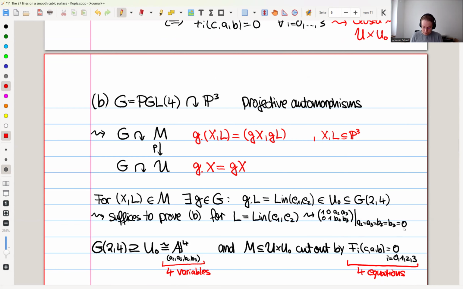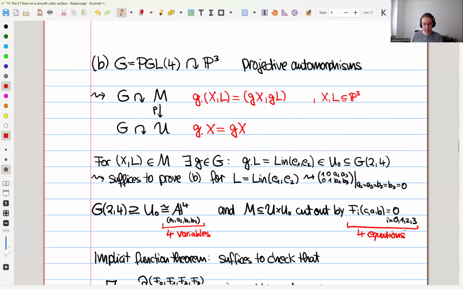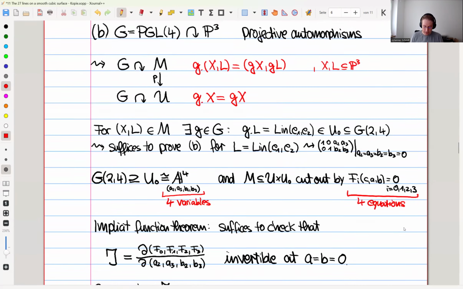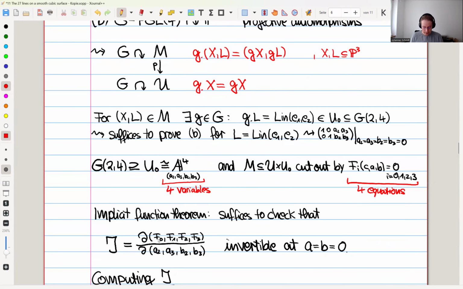And then it's just the standard implicit function theorem from analysis, which says it suffices to check that this Jacobian matrix, which takes the derivatives of all of the 4 defining equations by the 4 variables, is invertible at a equals b equals 0, then you are locally a graph like this.